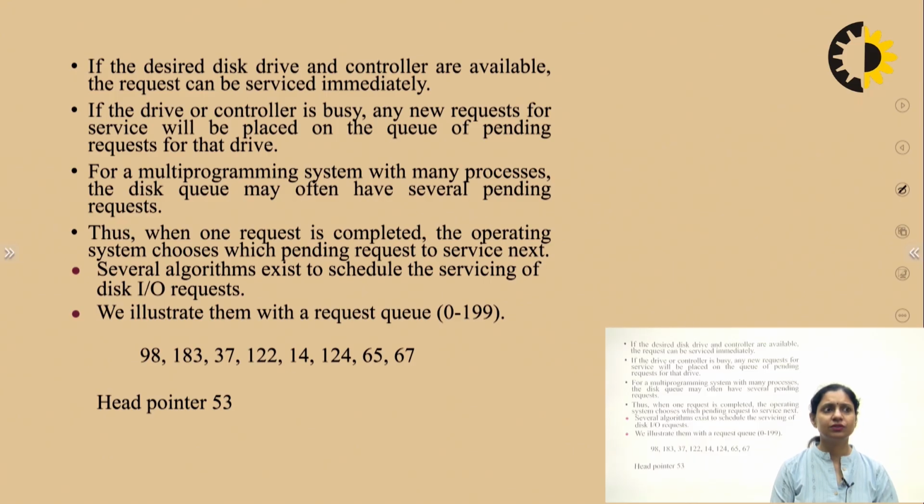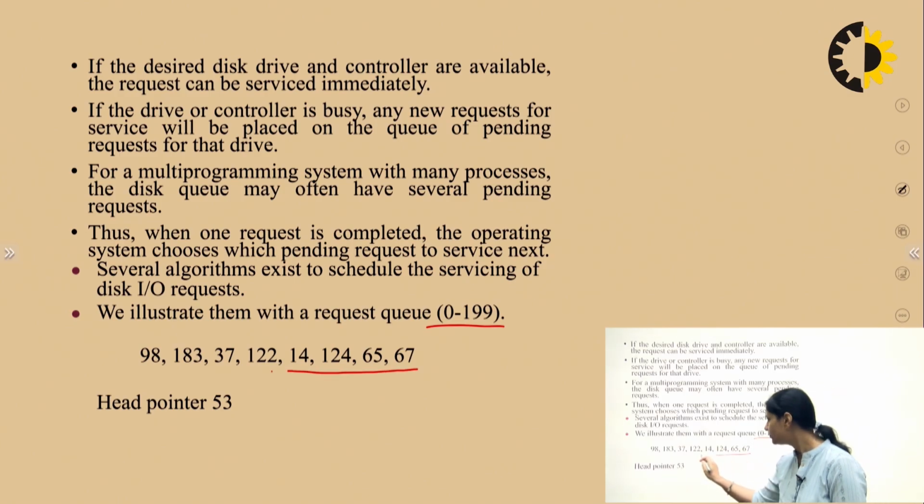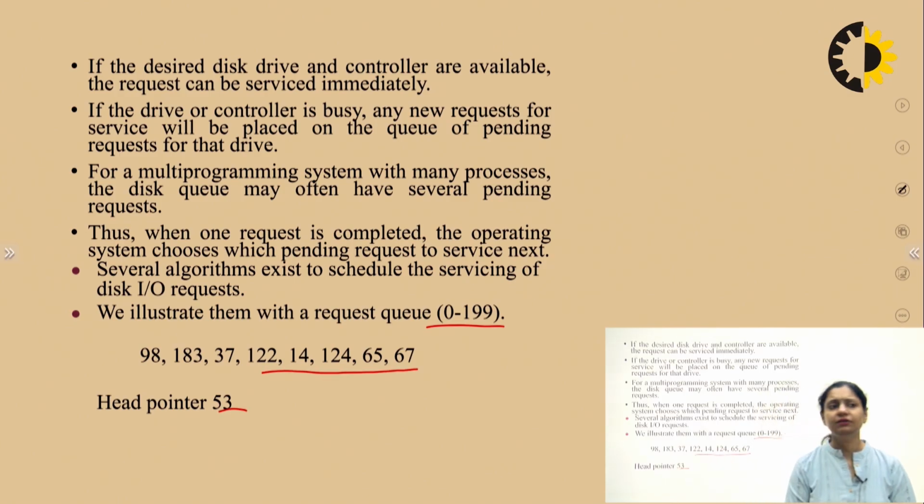Several algorithms exist to schedule the servicing of disk I/O requests. We'll do those algorithms one by one, and we'll take the request queue from 0 to 199, with the head pointer at 53.